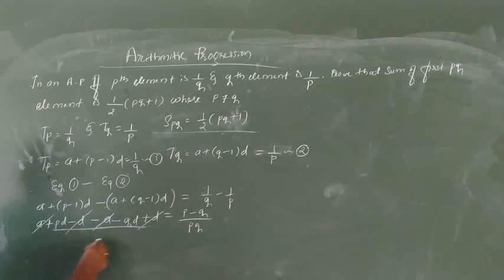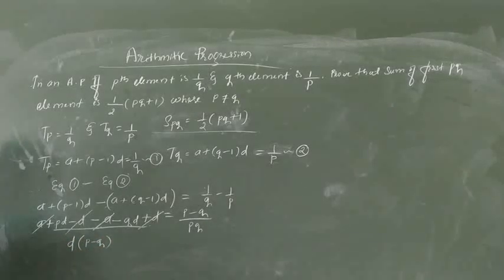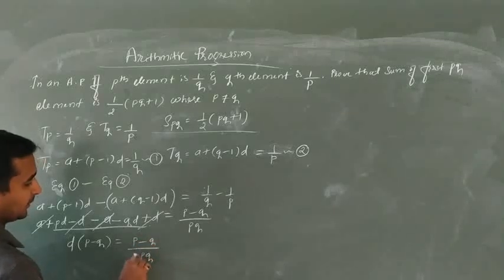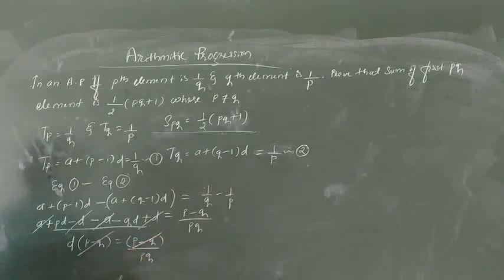Here PD minus QD, if I take D as common, what remains is D into P minus Q equal to P minus Q divided by PQ. So this P minus Q gets cancelled, then D is equal to 1 divided by PQ.